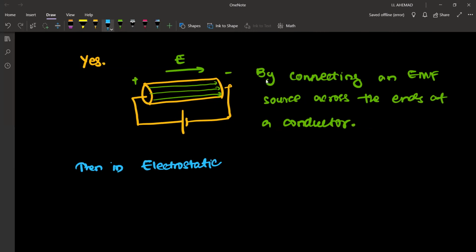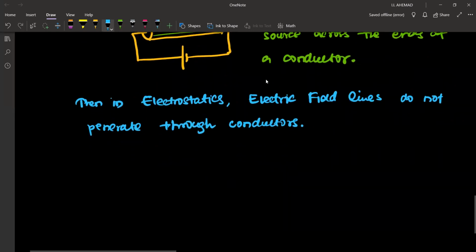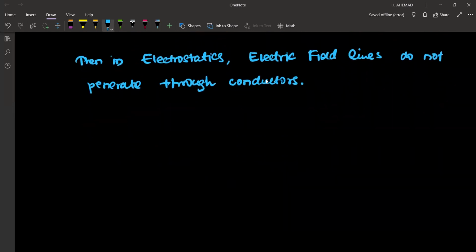In electrostatics, electric field lines do not penetrate through conductors. So let's understand the reason.